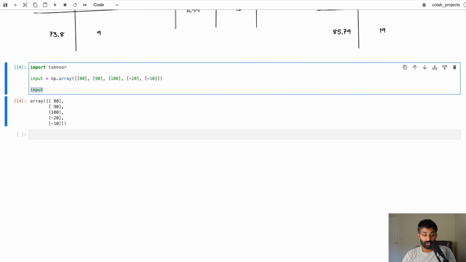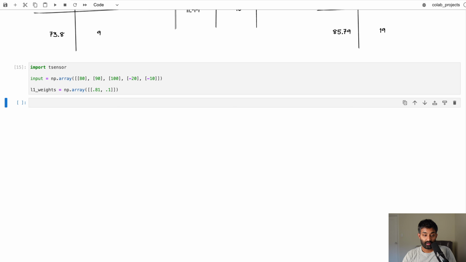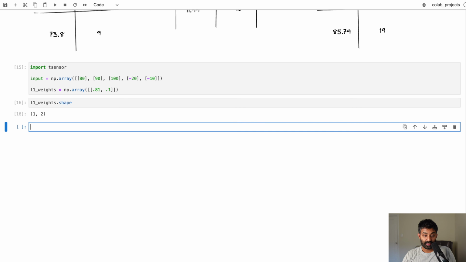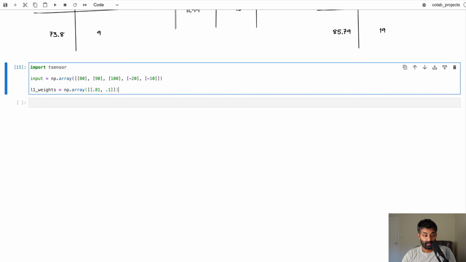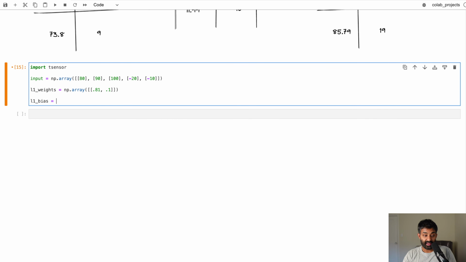All right, then we can create our layer 1 weights. So this will be another NumPy array. It's going to be 0.82 by 0.1. This is going to be a matrix with 1 row and 2 columns. Then we're going to create our L1 bias, which is going to be another array, 11.99 and 10.